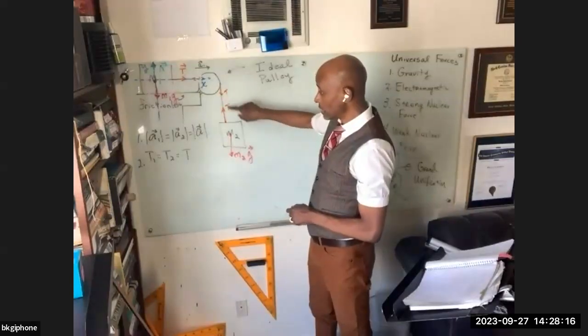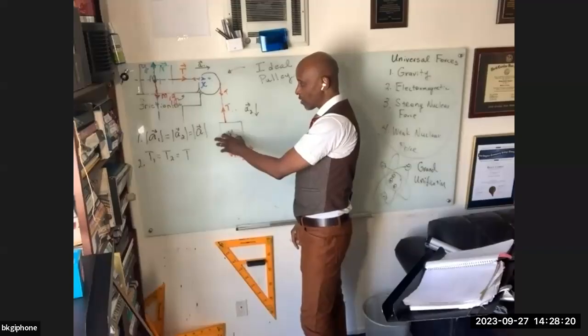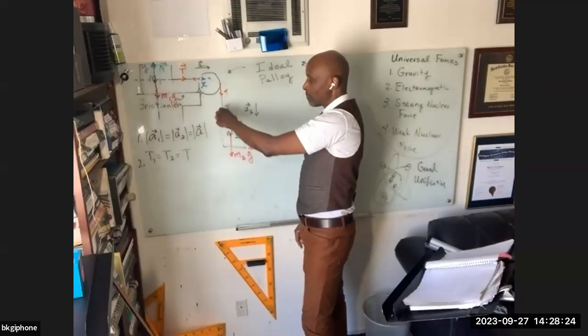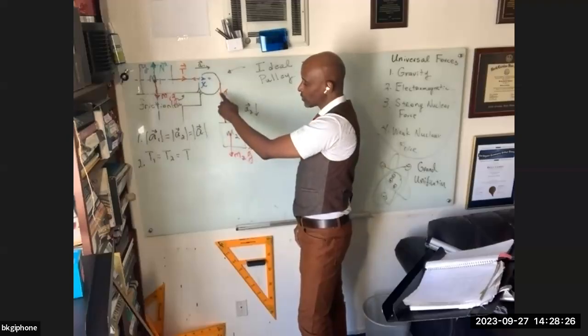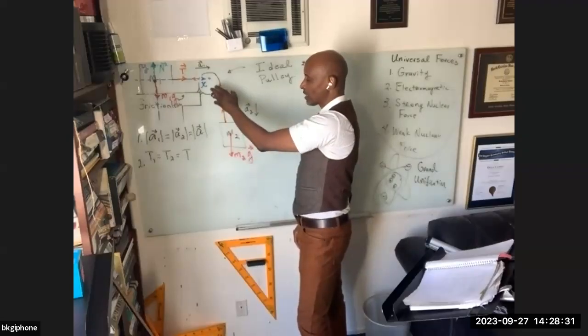Yes, the force on the mass here arises from this side of the string being attached. Basically, this force, you can think of it as the string putting a force on the pulley at that point.